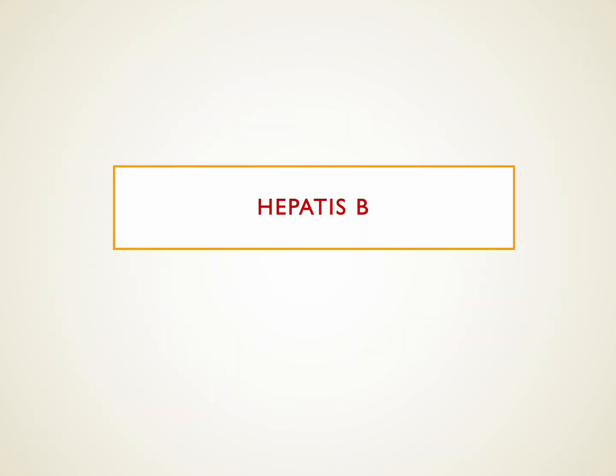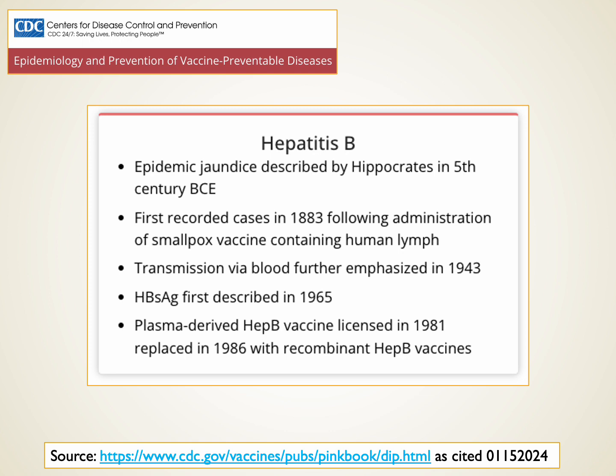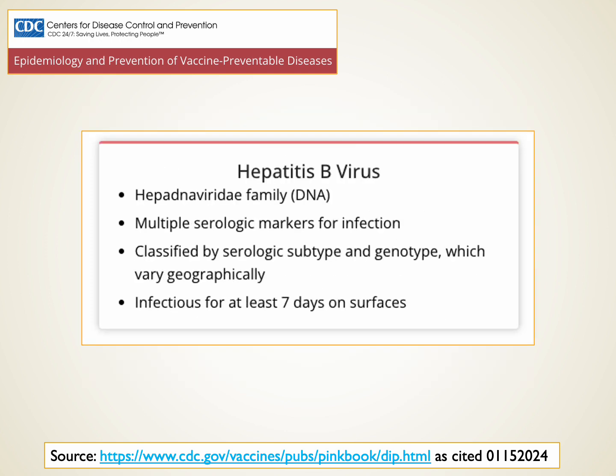Let's go on to hepatitis B. Hep B has also been identified for millennia, and we found the first recorded cases in the 1800s. It wasn't really until the 1960s that we began to have good data, first identifying the antigen and then developing a vaccine in the 1980s, which was replaced with a recombinant version of the vaccine in 1986.